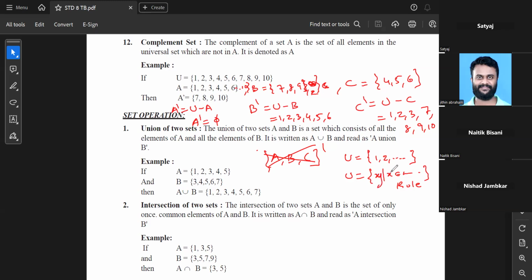You can consider x, y, z, anything. You were absent last class? Yes, I was absent, maybe that's why you have this query. Do one thing: after this class, go through the recording of the last class, because in the last class I explained in detail how to do this.